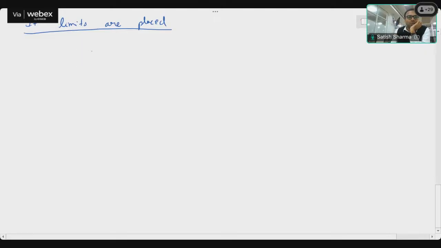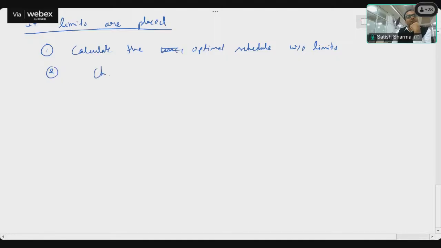So how can we solve it? If limits are placed, the solution will be like this. The first step is we calculate the optimal schedule without limits. Then we check for limit violation.